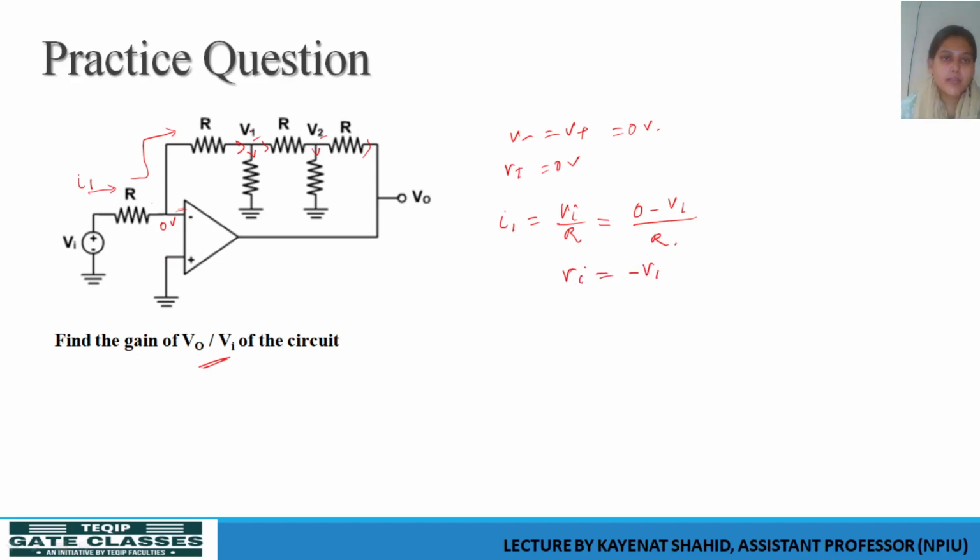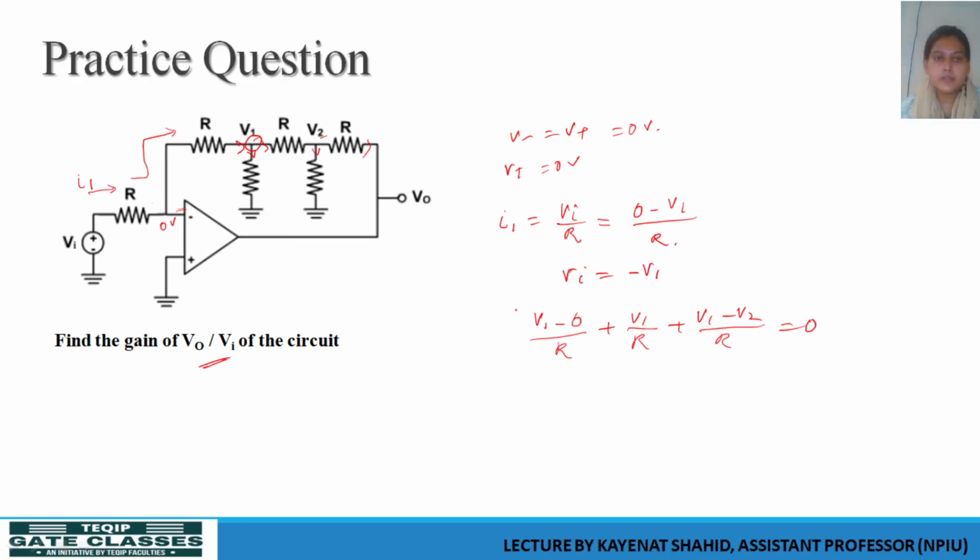Now if we apply a KCL at this point, okay, at V1 point, then we will have V1 minus 0 by R plus V1 by R plus V1 minus V2 by R. We can write this. Okay, all the outgoing current will be equal to 0.